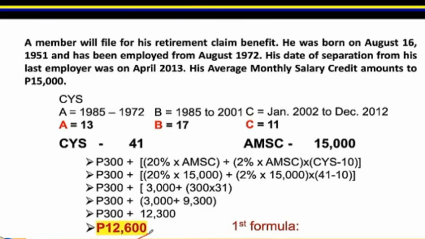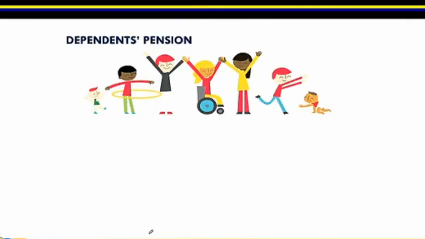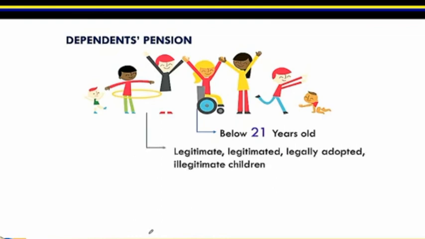Who do we consider as dependents for the dependents pension? Those children of the retiree pensioner who are below 21 years old, whether legitimate, legitimated, legally adopted, or illegitimate children, all of them are considered as dependents.